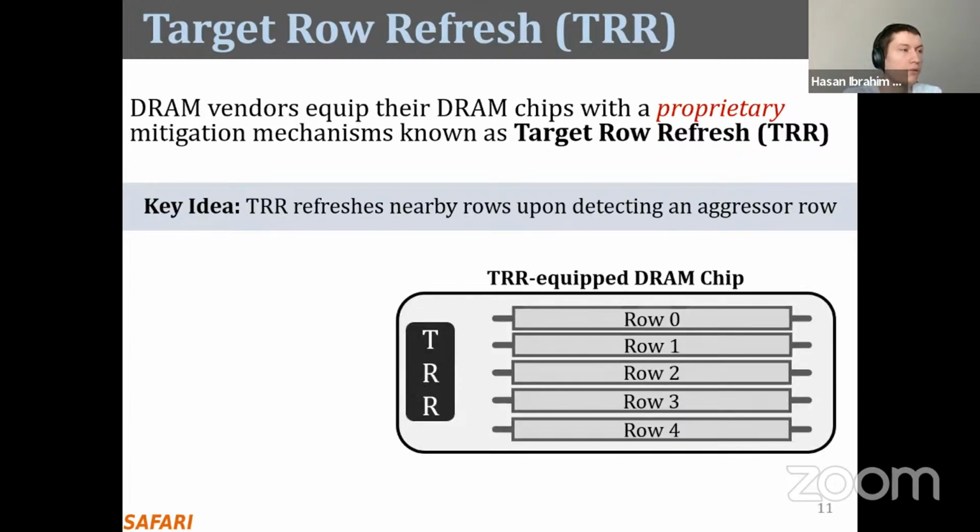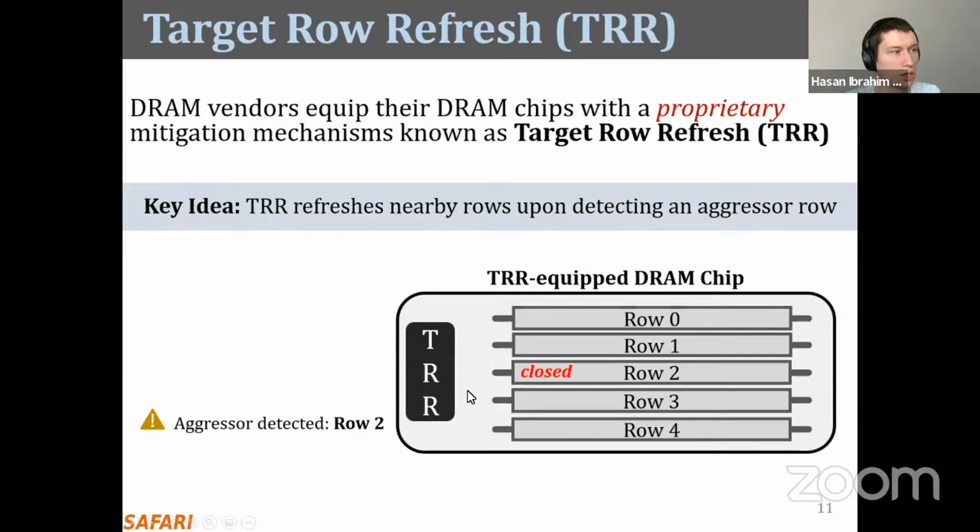If you illustrate how TRR operates, it is doing something like I will show in this animation. Again, we have the 5 rows from the previous slide, and we have a TRR mechanism. When we repeatedly activate row 2, the TRR mechanism eventually detects row 2 as an aggressor row.